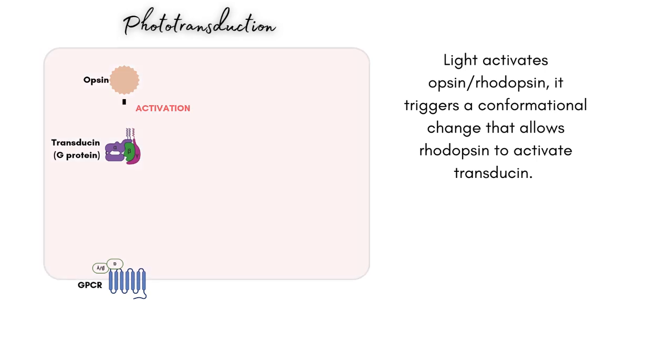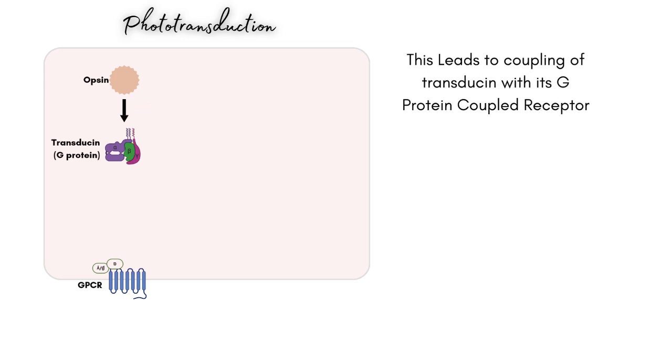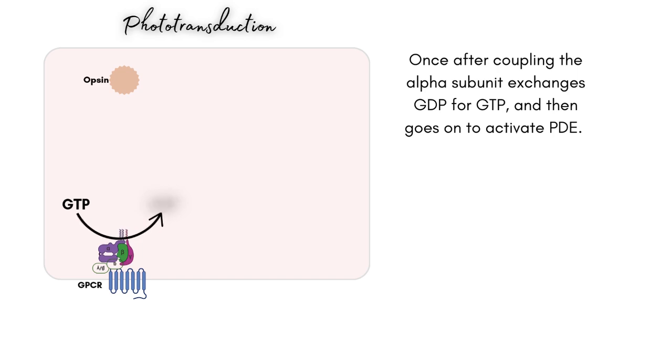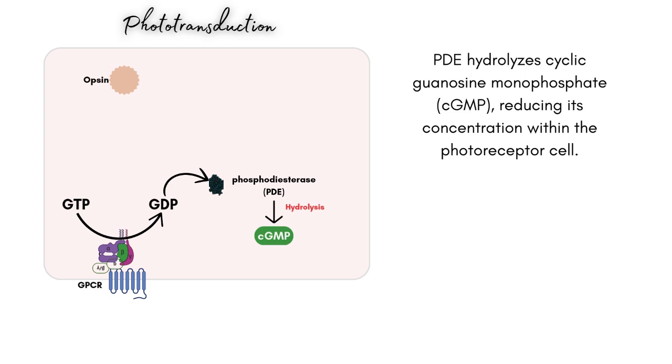Light activates opsin-rhodopsin. It triggers a conformational change that allows rhodopsin to activate transducin. This leads to coupling of transducin with its G protein coupled receptor. Once after coupling, the alpha subunit exchanges GDP for GTP, and then goes on to activate PDE.